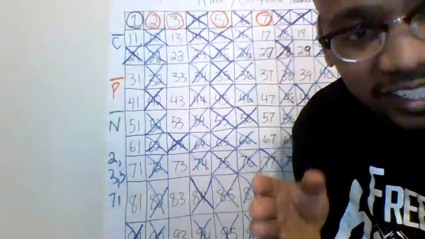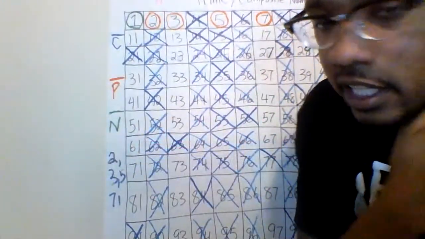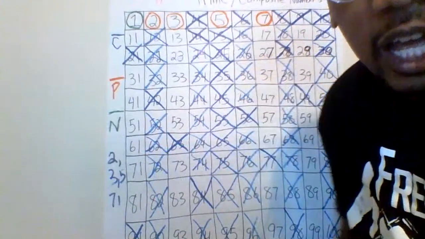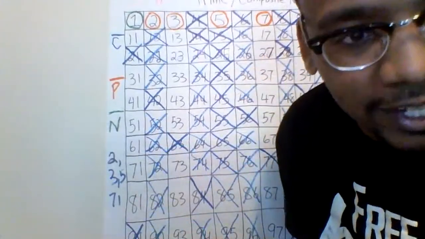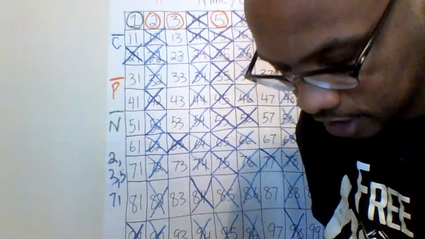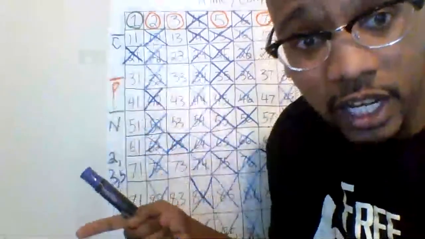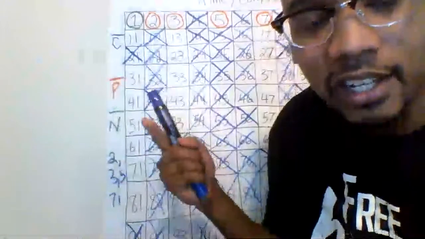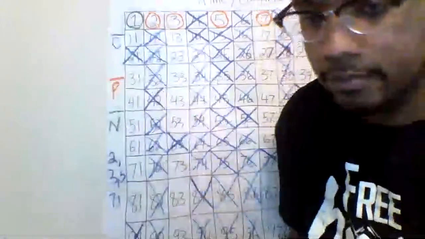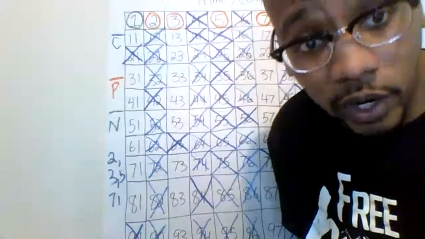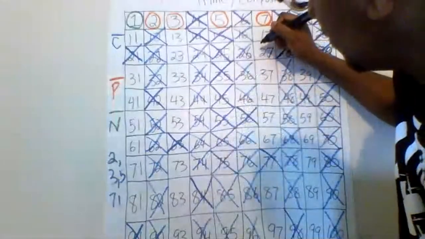So since I can skip count by 3 to get to 9, 27 uses the rule of 3, which means 27 is composite. If you add up the digits and you can't skip count by 3, then it's not composite, it's prime. But since it worked on 27, 27 is composite.